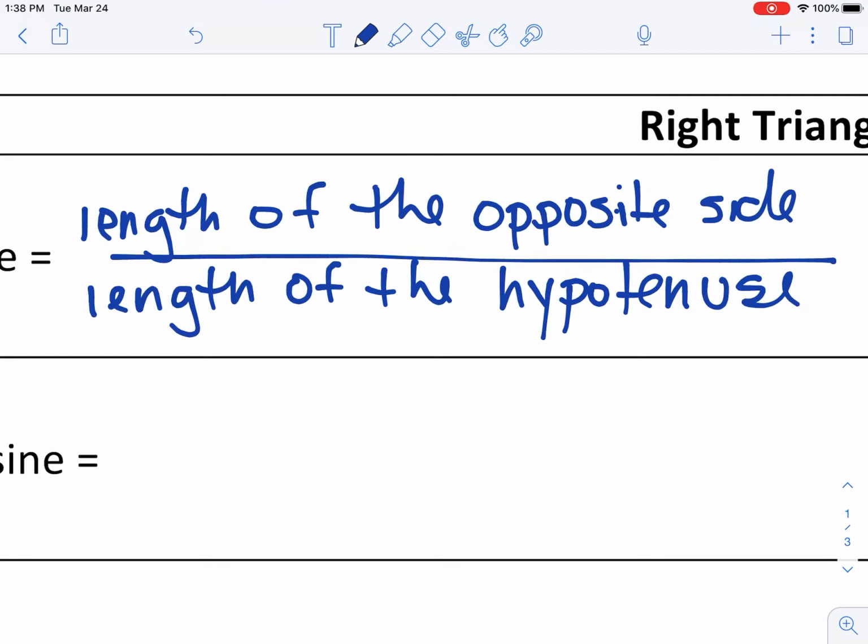And the calculator will give you that ratio once you tell it what the angle is.